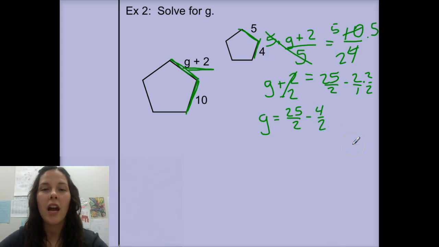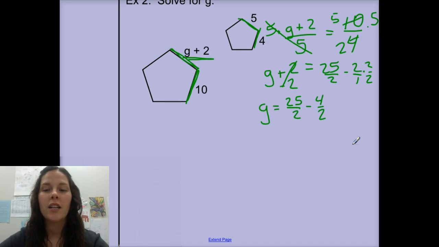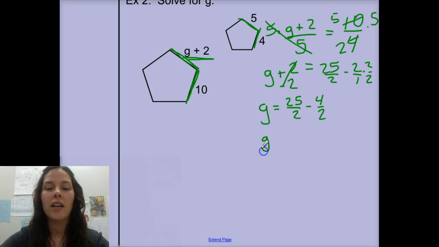Notice that 4/2, or 4 divided by 2, is equal to 2. So I didn't change the value of 2, I just changed what it looks like so that I can have that common denominator, so that now I can subtract in the numerator and we leave the denominator alone. So g is equal to 21/2.